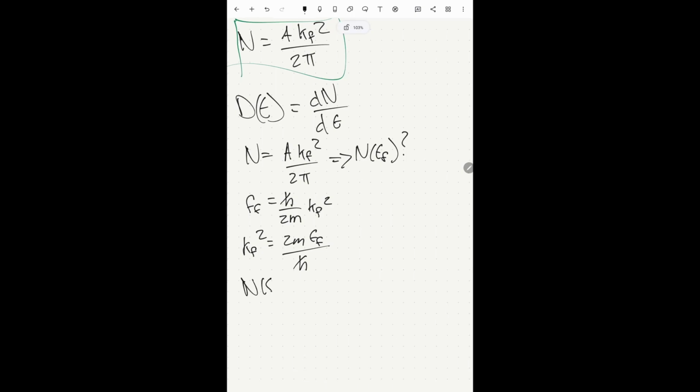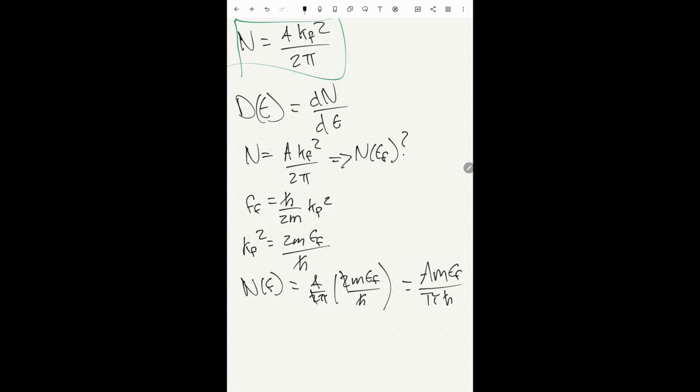So our number of states in terms of our energy is now equal to, I'll just keep our area over 2 pi here, and we get 2m EF over h bar squared. Doing some simplifying, just canceling out these 2's, we get that it is equal to A m EF over 4 pi h bar squared.